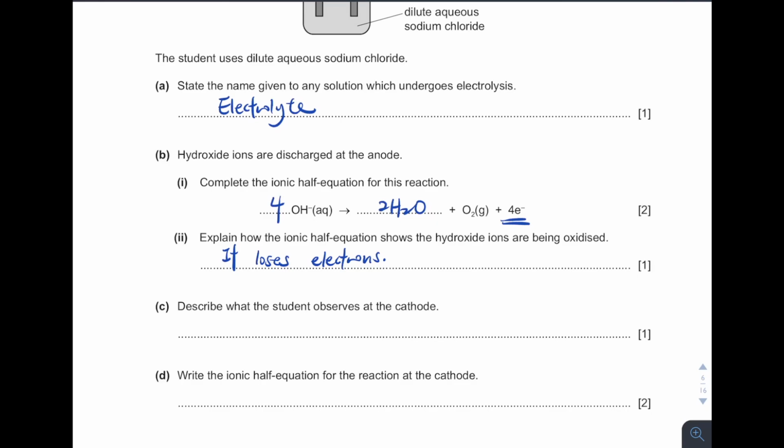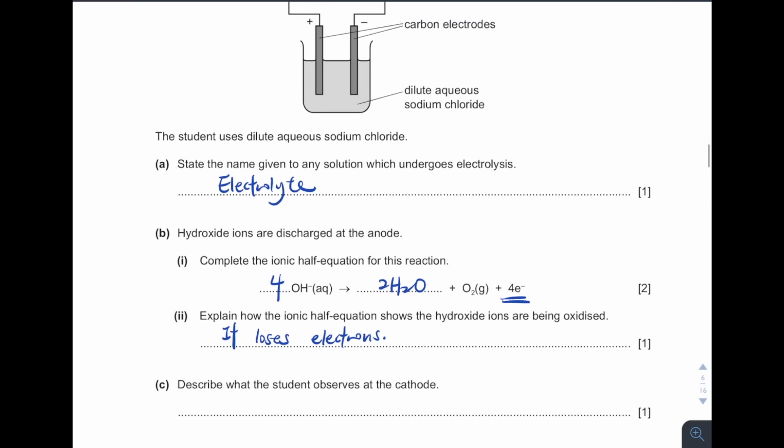Then the observation at the cathode. First you need to know which one gets selected to be discharged at the cathode. When it comes to electrolysis, the very first thing you have to do is list out all the ions present in the electrolyte. This is sodium chloride aqueous solution, so there are also water molecules, H plus and OH negative. All the positive ions go to the cathode, negative ions to the anode. So which one gets selected?